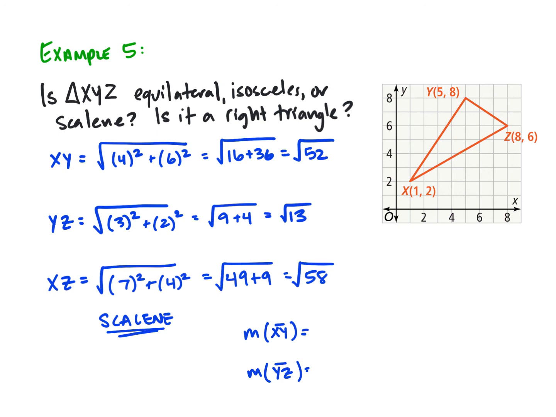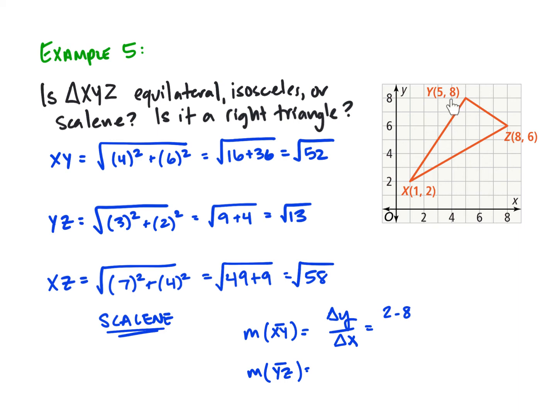First, let's take a look at the slope of segment XY. So remember, to find the slope, we're going to take the change in y over the change in x. And remember, it doesn't really matter which order we subtract things in. We just have to be consistent from the top to the bottom. So for instance, from x to y, the y's go from 2 to 8. So we'll do 2 minus 8. That's the y coordinate of x minus the y coordinate of y.